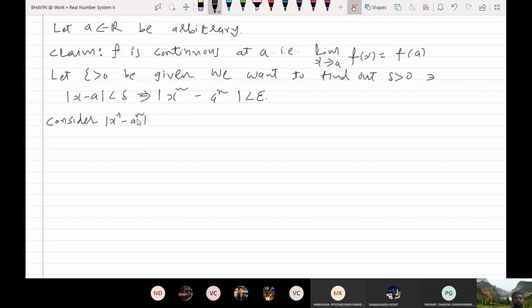So from this you can conclude that x equal to a is a root of this equation, or equivalently x minus a is a factor of this polynomial. So I can divide this polynomial by x minus a and get remainder 0.